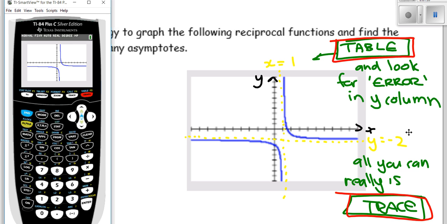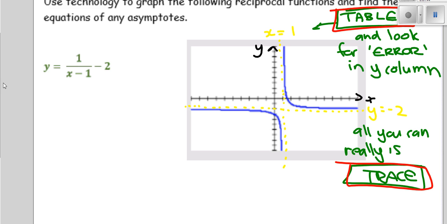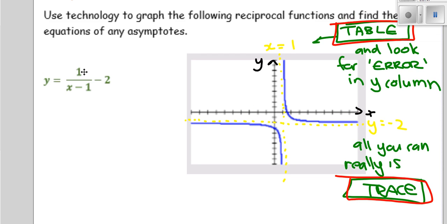And so we've got another one that we need to graph now. How is it a reciprocal? Because the x is in the denominator, and the top is a constant. So the numerator is a constant, and the denominator is a polynomial.